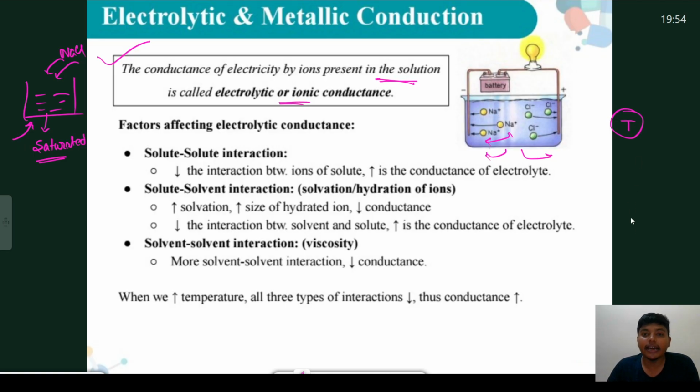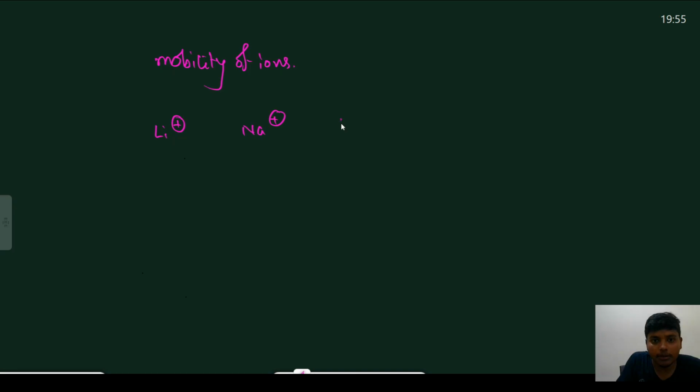Next thing is the size or mobility of ions. A small ion is there. Let's suppose Li+ is smaller than Na+, than K+.